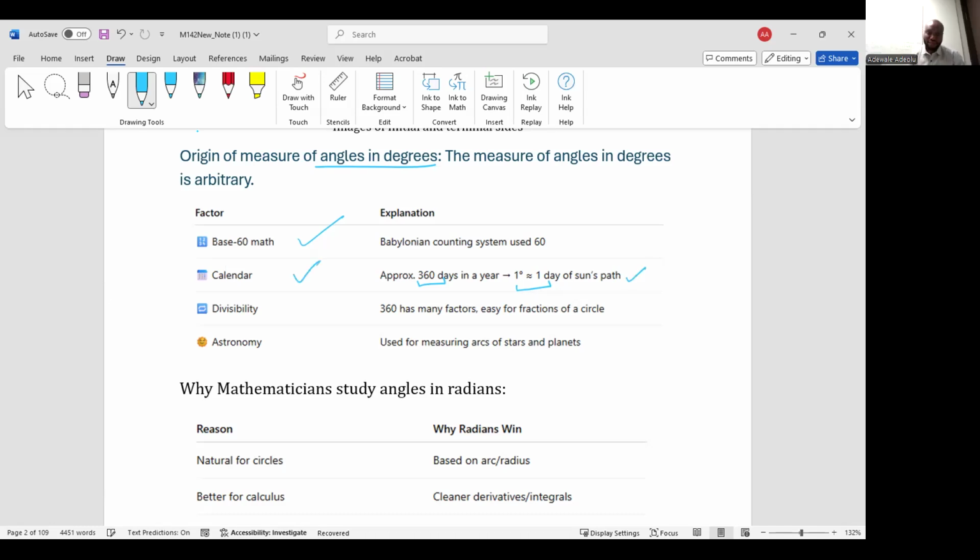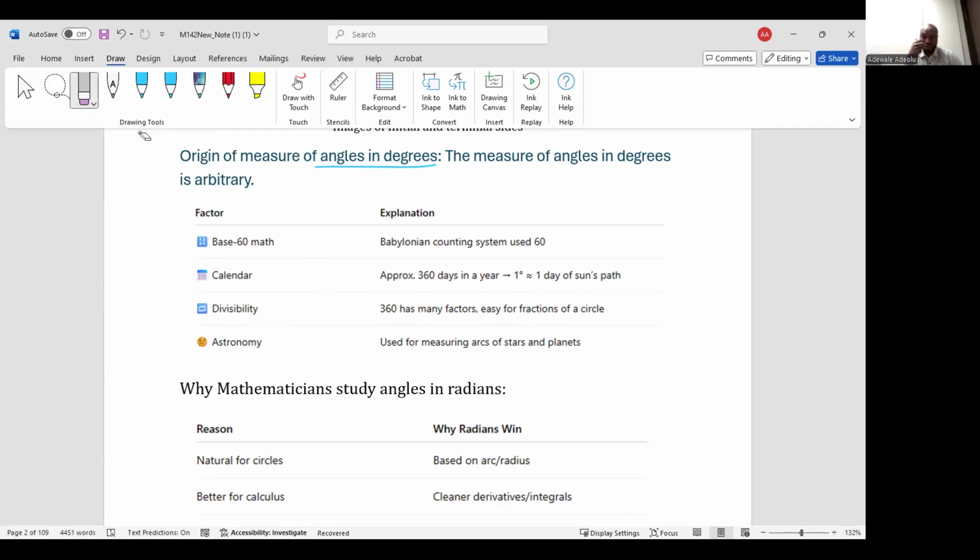They also considered that because of divisibility, 360 has many factors, which produces easy fractions. Also, astronomy was used for measuring arcs of stars and planets.